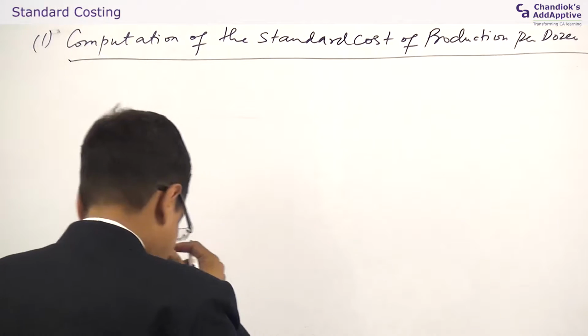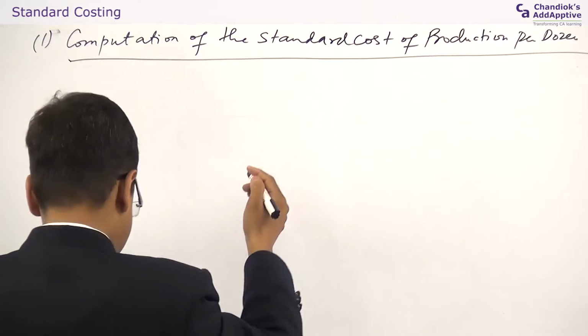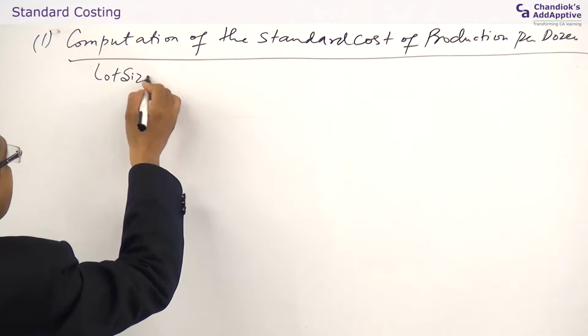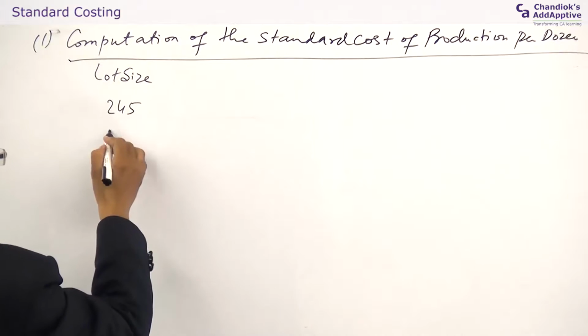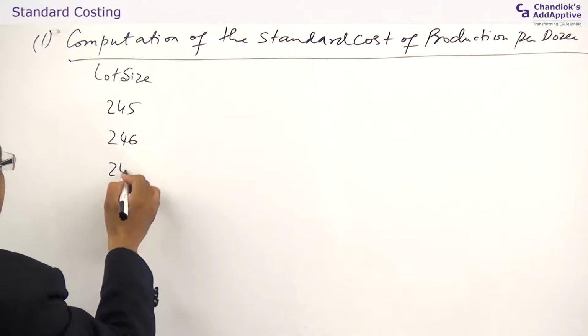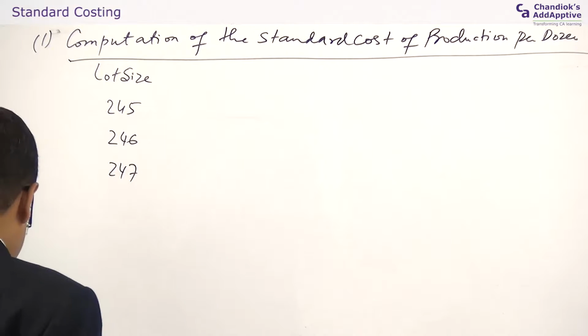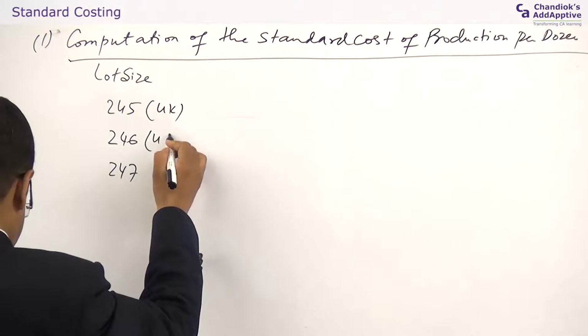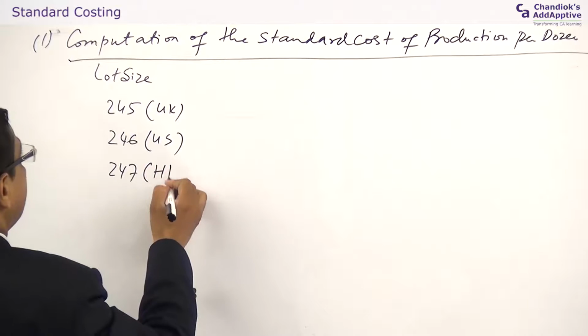So, you have to be a little cautious, and this relates to 3 lots. So, write lot size 245, 246, 247. This is for UK, this is for US, and this is for Hong Kong.